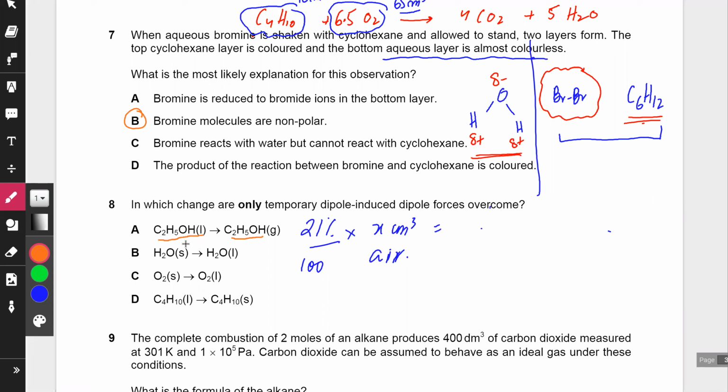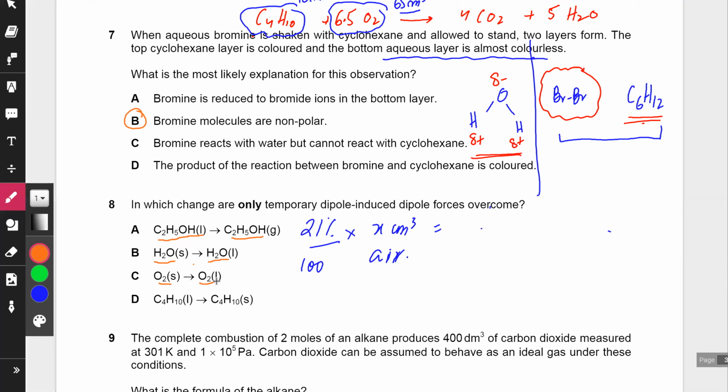He's saying only temporary dipole, induced dipoles. What about water? What intermolecular force? Yeah, hydrogen bond. That's O and H as well. So hydrogen bonding. Van der Waals, remember, is present in every molecule. It's always present. But now he's saying only van der Waals forces, only temporary dipole, induced dipoles. What about oxygen? It's non-polar.